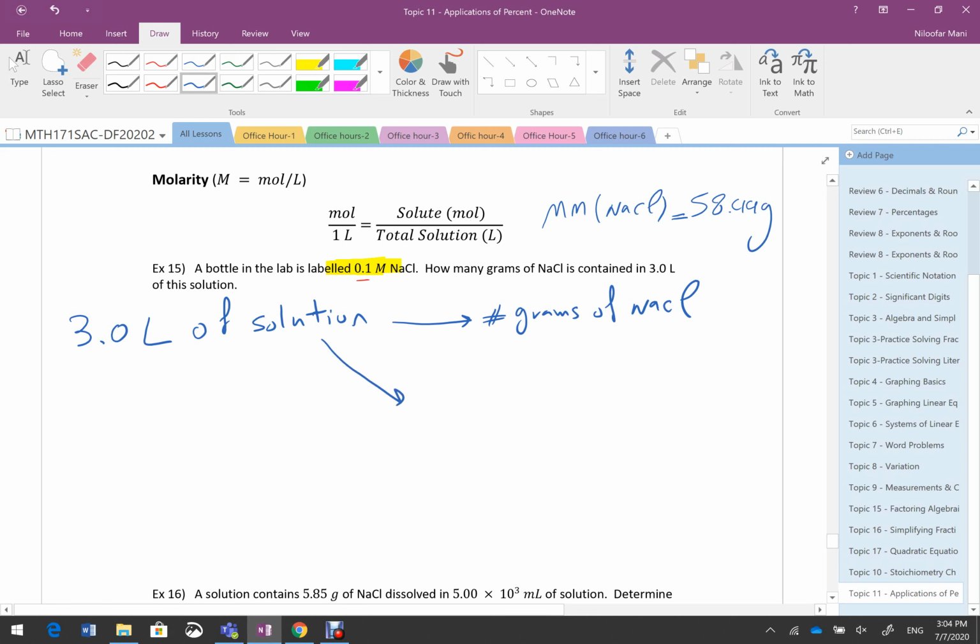Okay, so from here I go to moles, and from moles I go to grams. So here I need molar mass, here I need molarity. Okay, so 3.0 liters of solution.